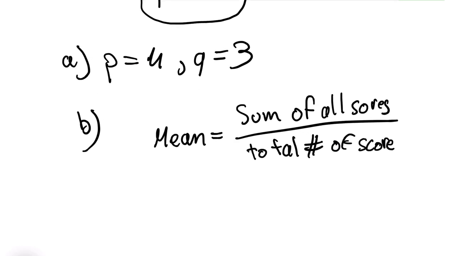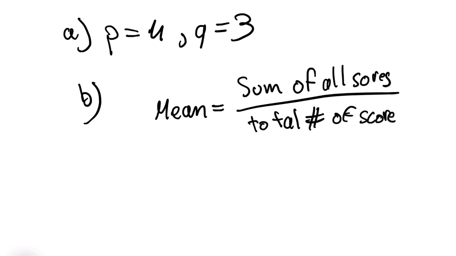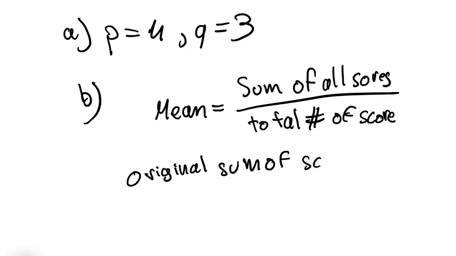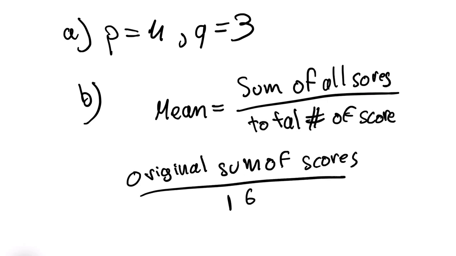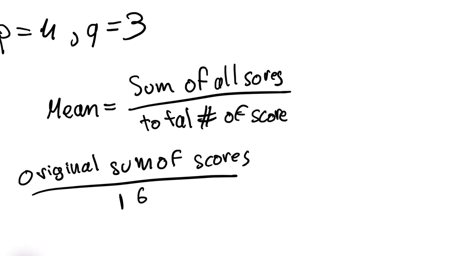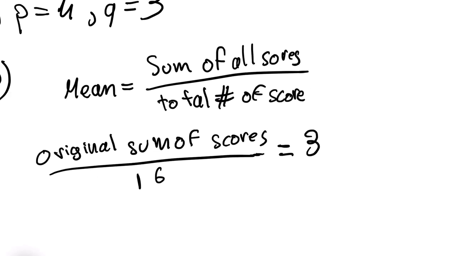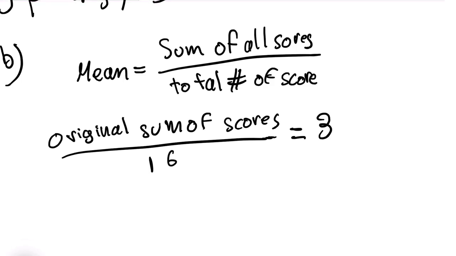So the original sum of scores, which we want to figure out, divided by 16, the number of times the die was rolled, is equal to 3. Now we solve for the original sum of scores. We multiply both sides by 16.